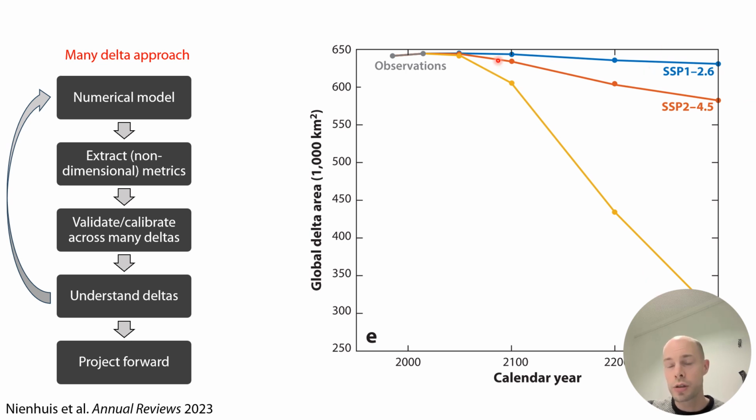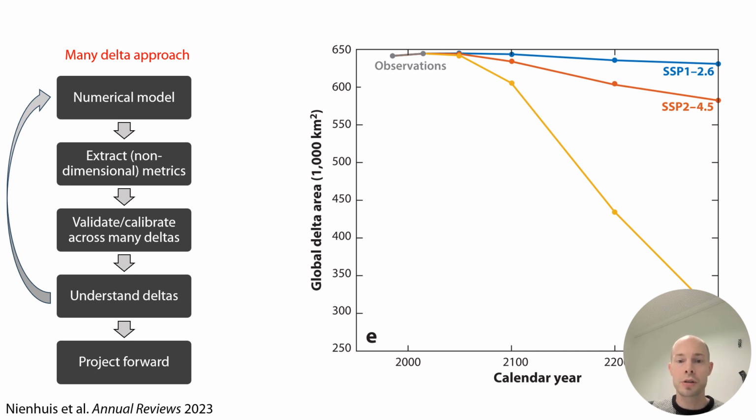We will have reductions ranging from very slight reductions under optimistic CO2 emissions to very drastic reductions of delta extent under very high sea level rise scenarios.